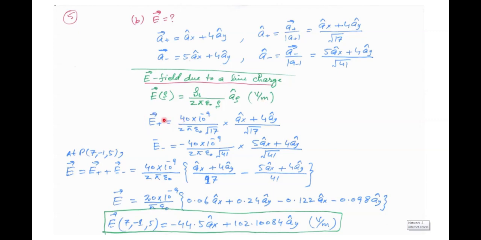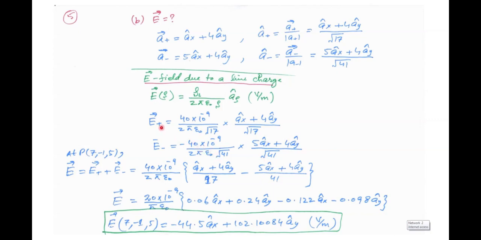The electric field due to the individual charge, that is due to the positive line charge density, is equal to this much, and the electrostatic field due to the image charge is equal to this much.